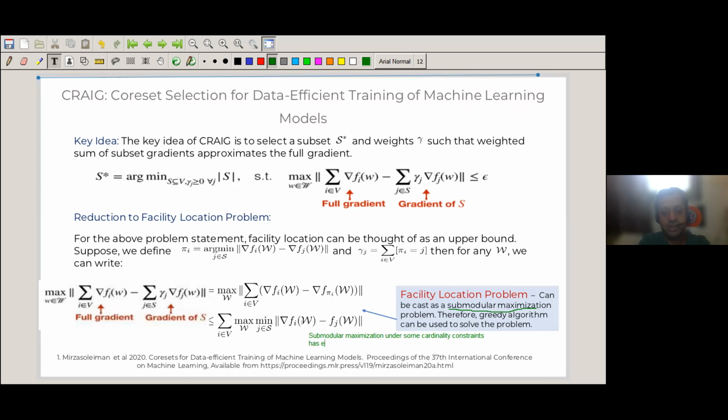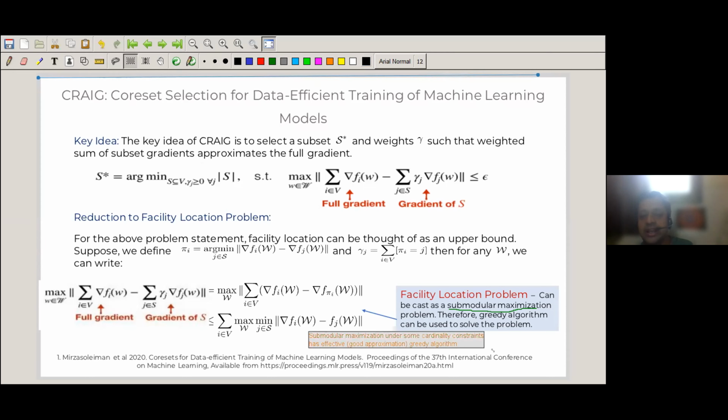Efficient, and rather effective, when I say effective, I mean good approximation, greedy algorithms. And what's the greedy algorithm? It is very simple: you pick the next point that minimizes this distance the most. Keep doing that, keep doing that. So the greedy algorithm makes a lot of sense because of that reason.